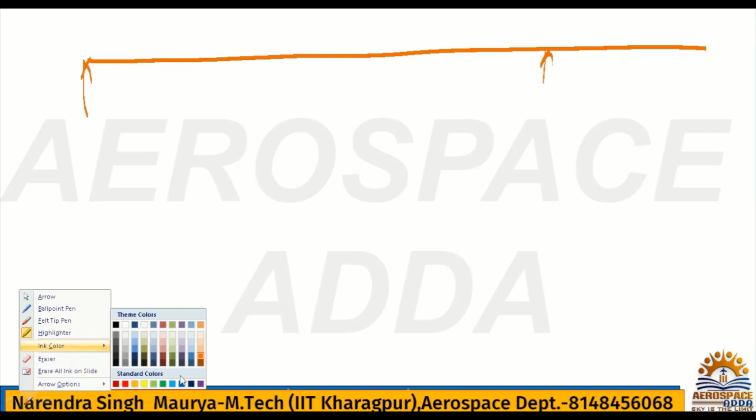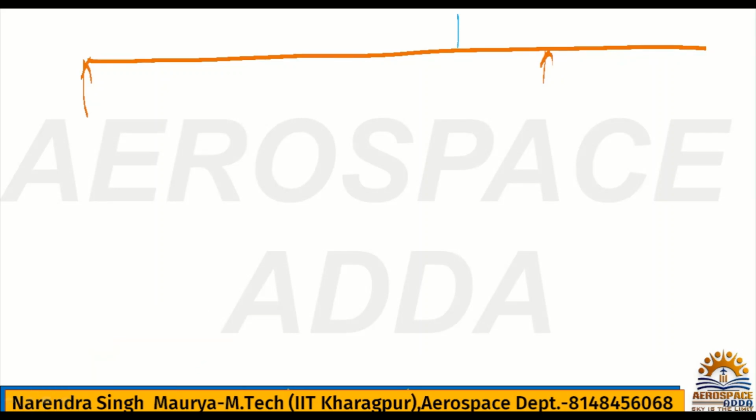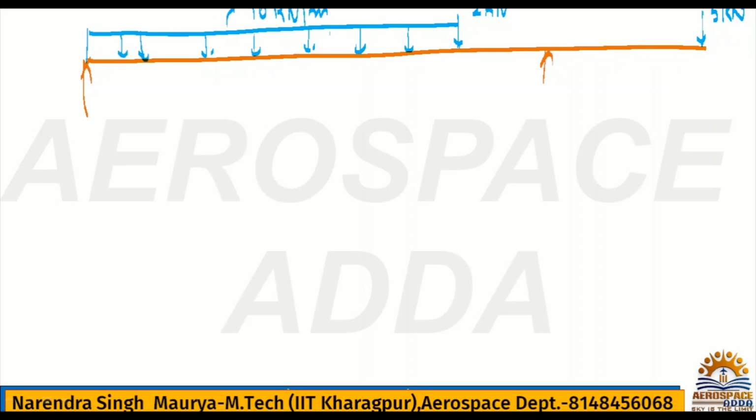and obviously this is the force. This force is nothing but 5 kilonewton. This force is nothing but 2 kilonewton, and obviously we have a UDL load here like this. Check the intensity of this load, 10 kilonewton per meter.